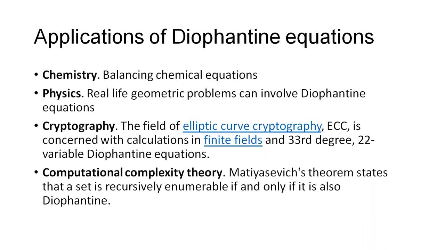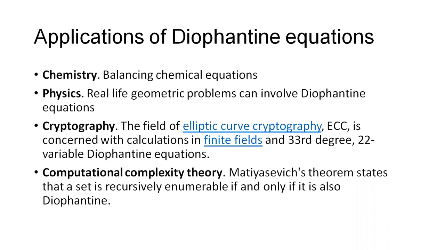The field of elliptic curve cryptography (ECC) is concerned with calculation in finite fields and third degree, two variable Diophantine equations. In a computer network course, you will learn a little bit about cryptographic theory. But if you look at the cryptographic algorithms, you will find this equation used over there.